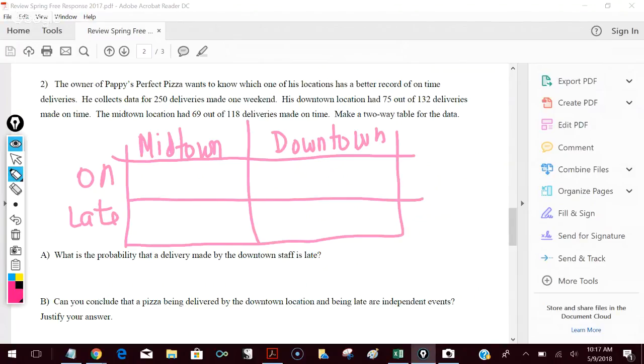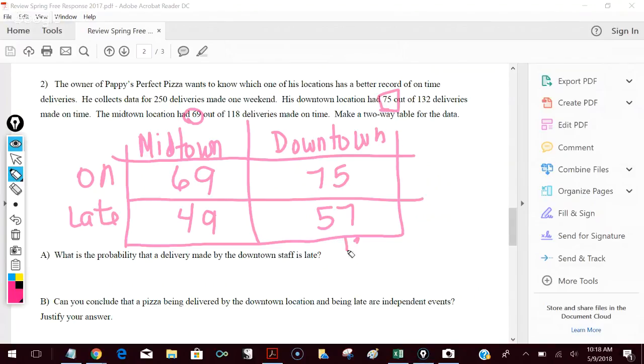So if Midtown had 69 made on time, how would I figure how many were not made on time? Yeah, 118 minus 69, 49. If downtown had 75 that were on time, I'm going to do 132 minus 75, and that's going to give me my 57.